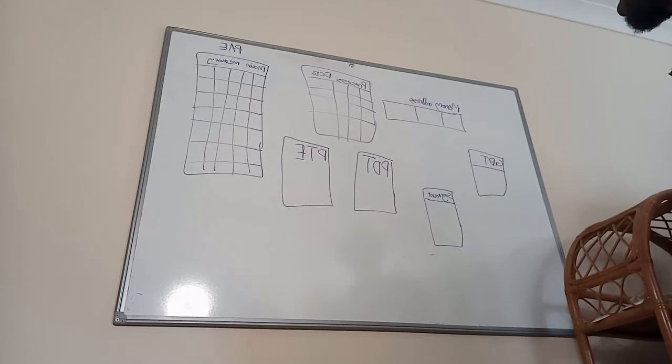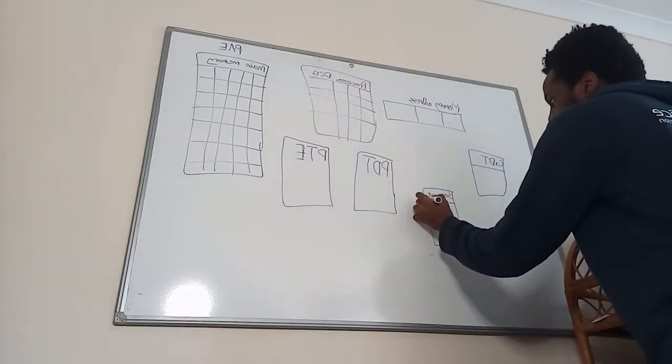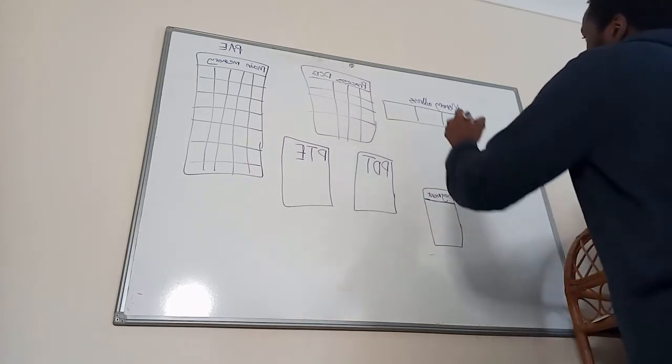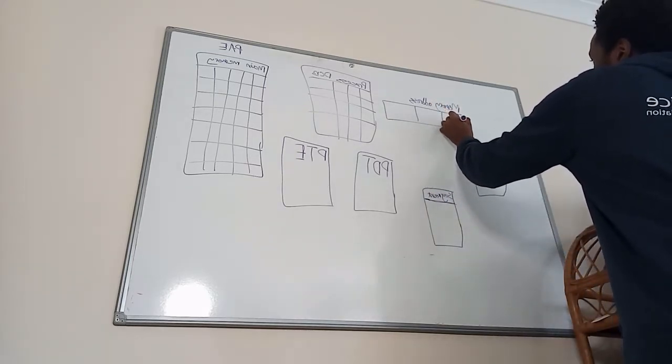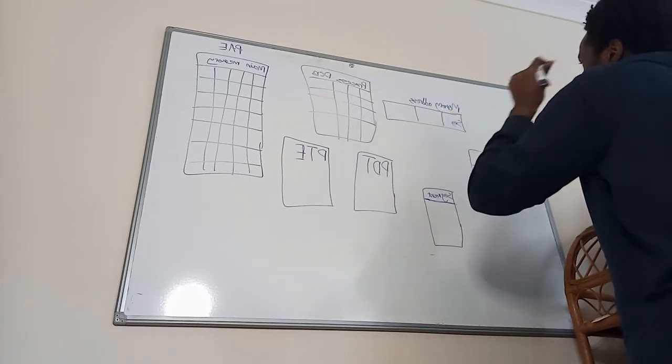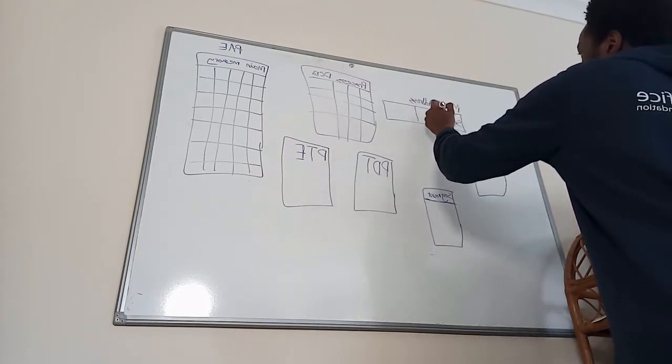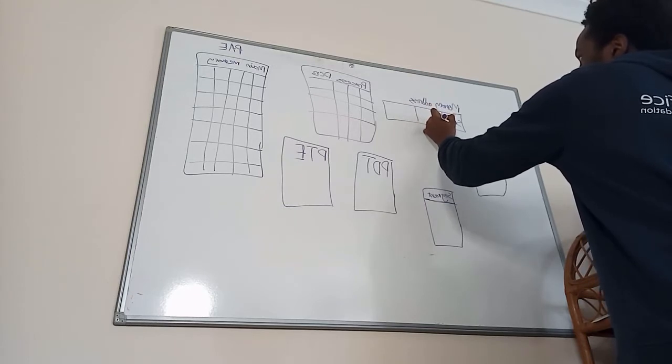In here you have a value to a segment. Then you have a value to the PDT.